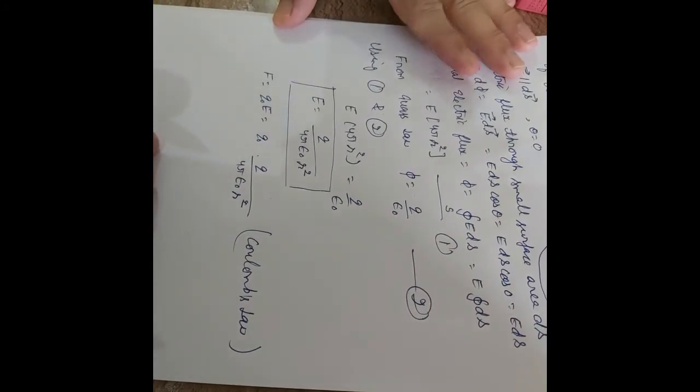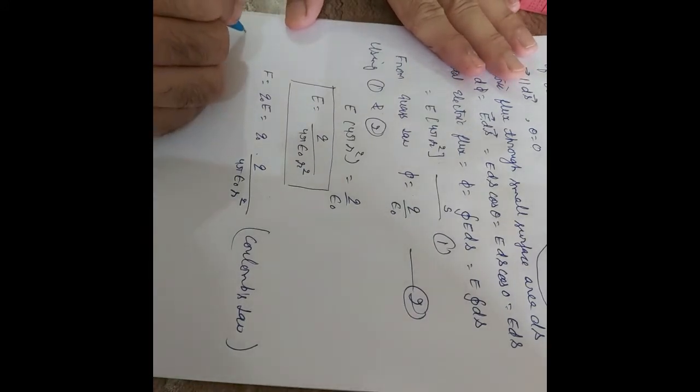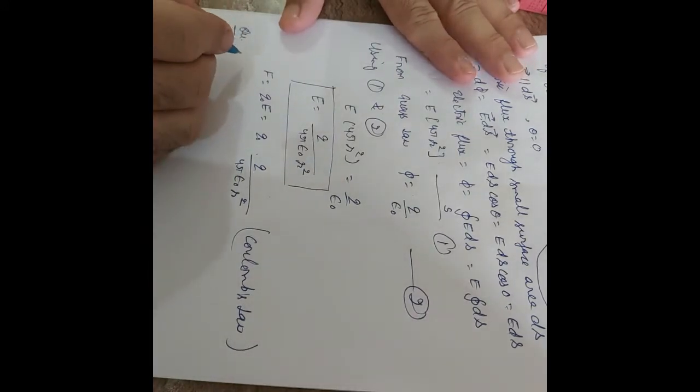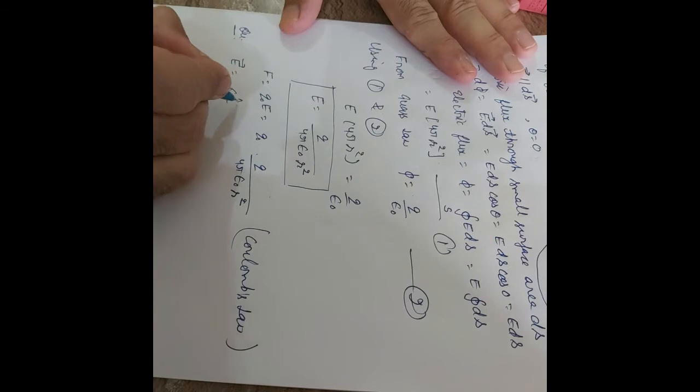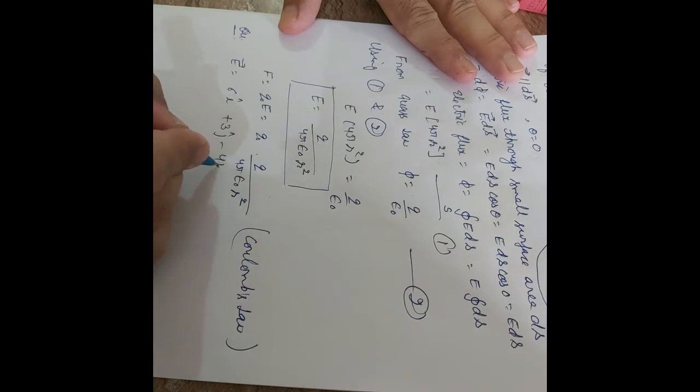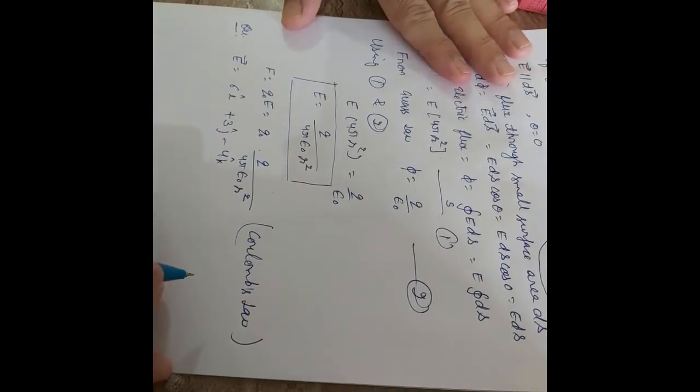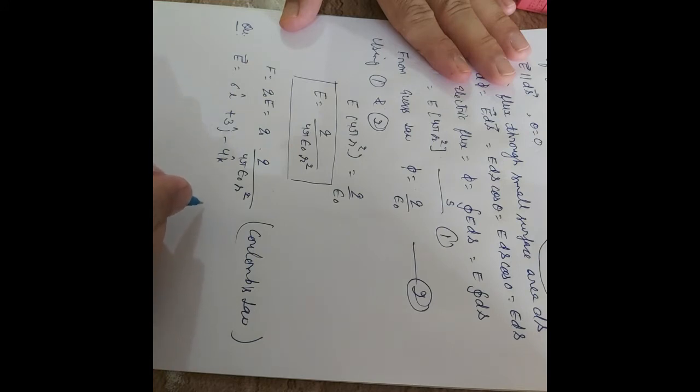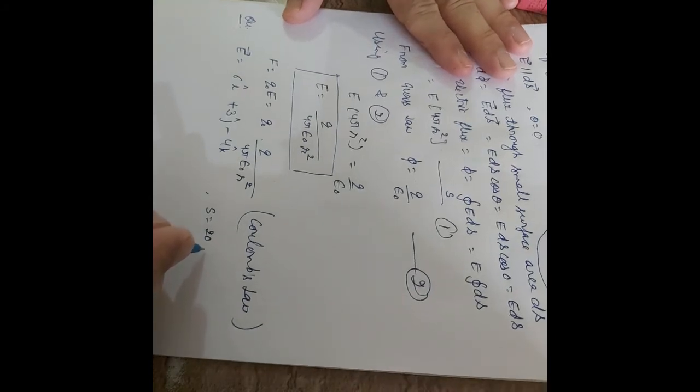Now let's do a few questions based on the electric flux and Gauss law. My first question is, the electric field intensity is given by 6i plus 3j minus 4k, and there is a surface area of 20 meter square in the XY plane.